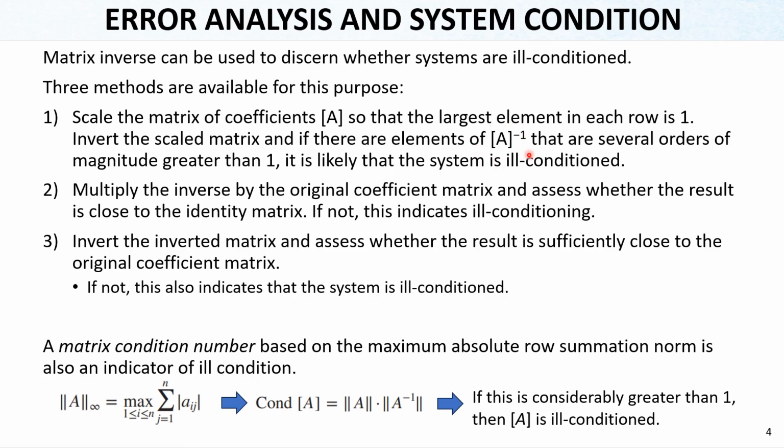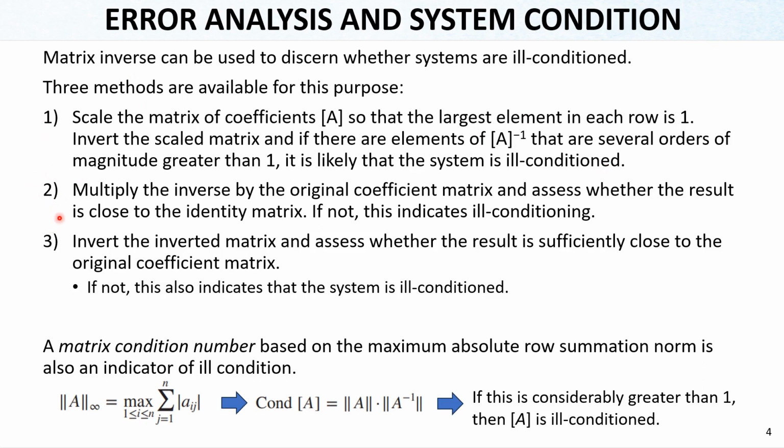Then check the coefficients, basically the A^-1 terms, and if they are very large, several orders of magnitude greater than 1, for example 100, then that means the system is ill-conditioned. If A^-1 has small values, then the system is not ill-conditioned. This is the first method.